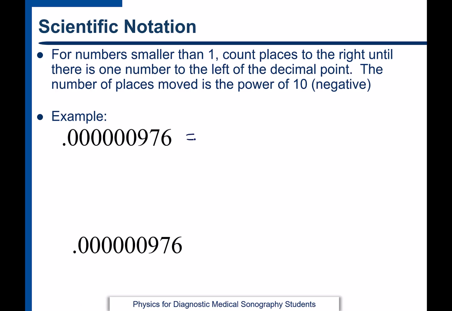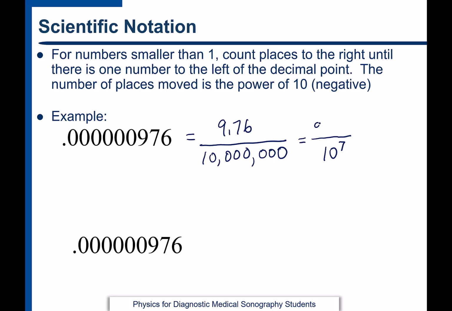You'll notice that I could write this number as 9.76 divided by 10 million. So if you just try that on your calculator, you'll notice that I get the same value. But what is 10 million? Well, that's 10 to the 7th.